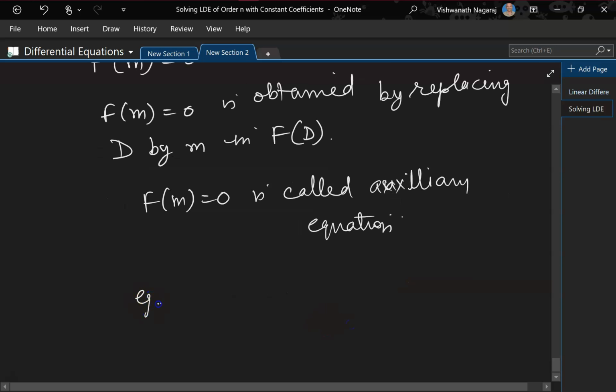For example, let's say we have d cube y by dx cube minus 13 dy by dx plus 12y equal to 0.